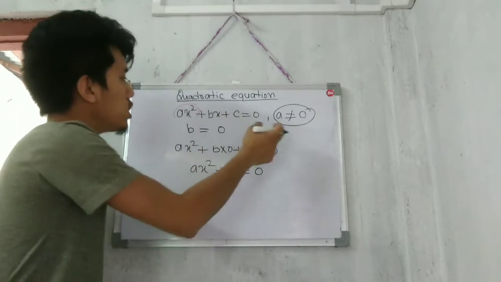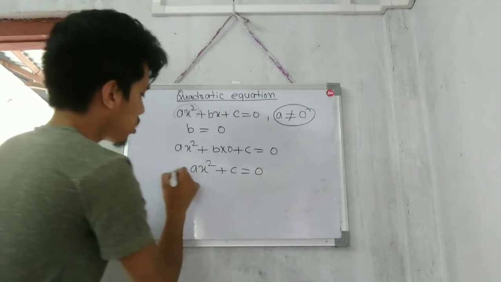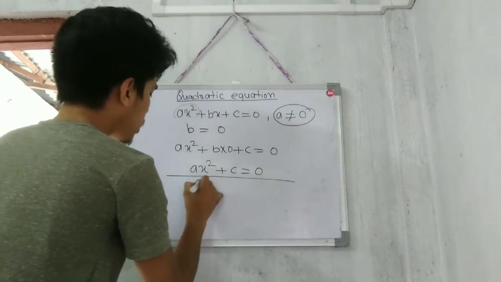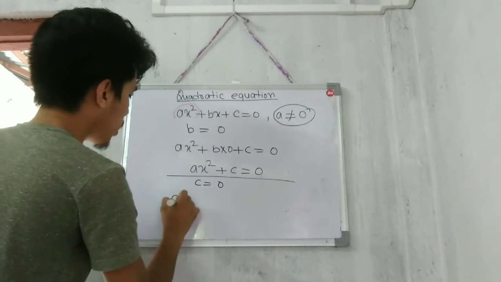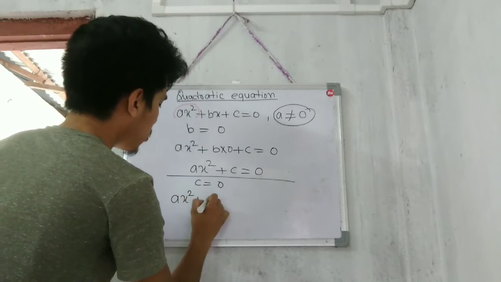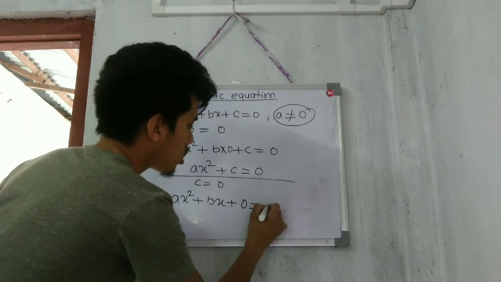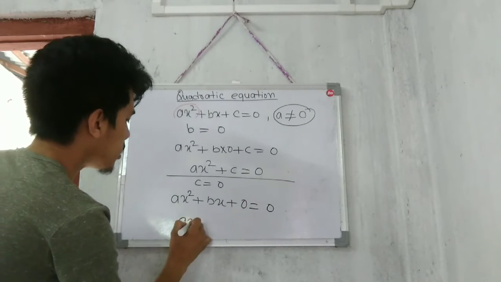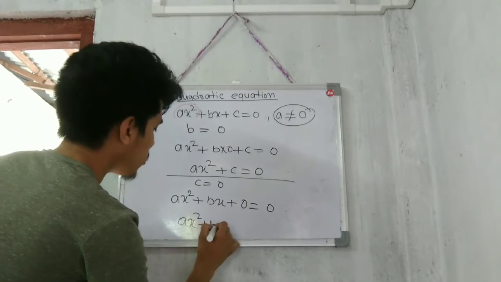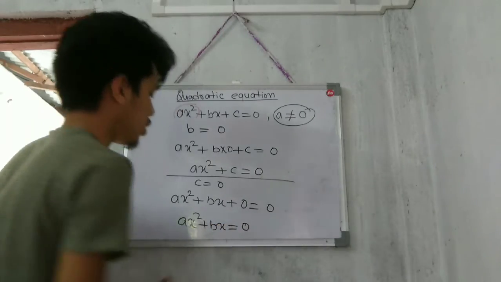What if c is equal to 0? Let's get some idea. If c is equal to 0, it will be ax square plus bx plus c, with c meaning 0. This means ax square plus bx equal to 0.